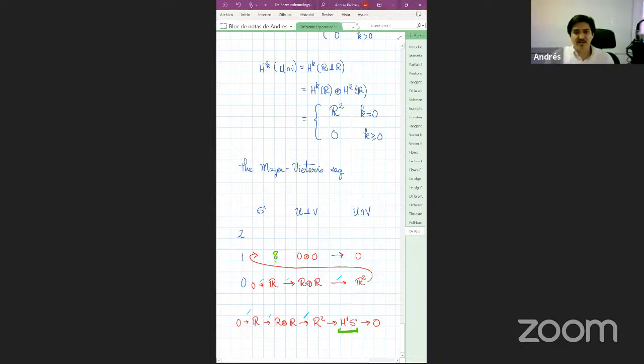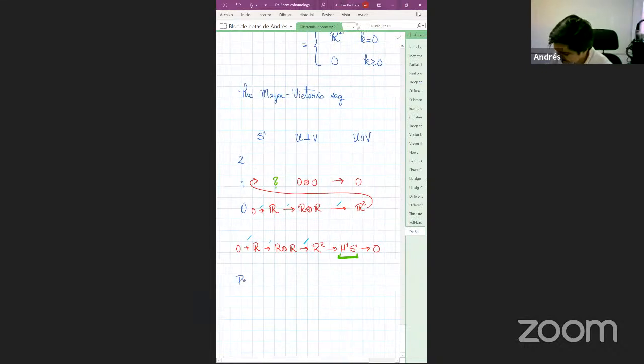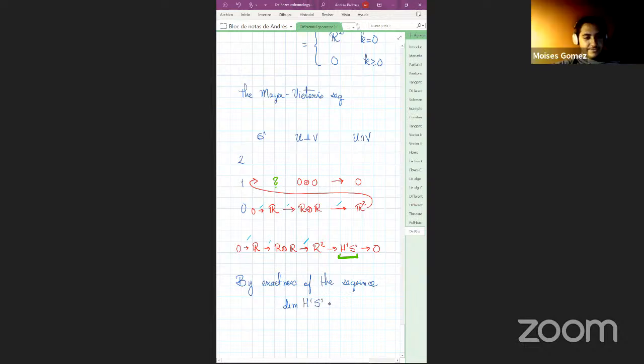So using that equation, you can compute the dimension of that. So by the exactness of the sequence, what is the dimension of this vector space? 1. 1, exactly.